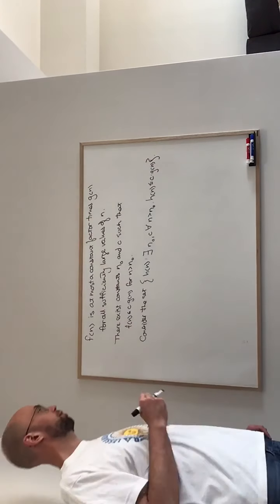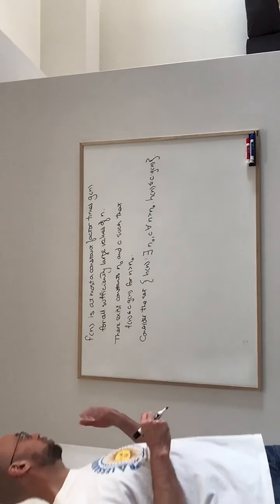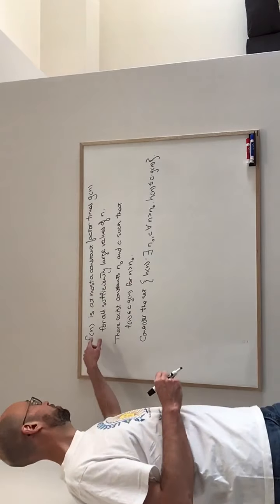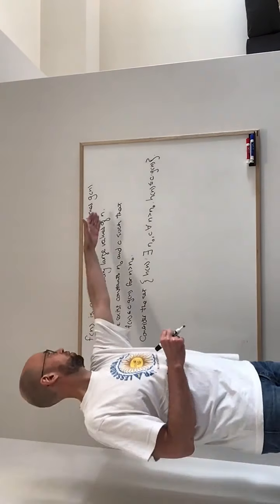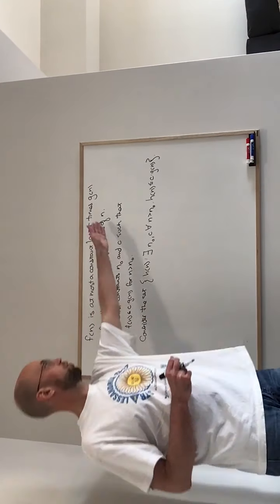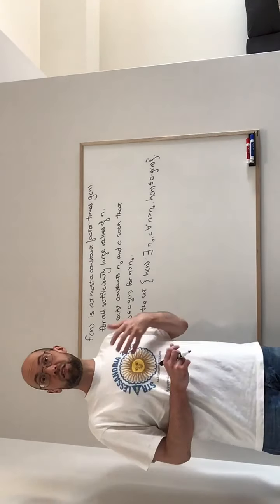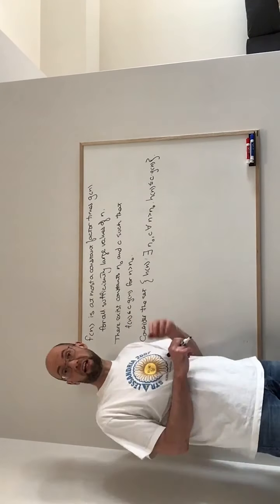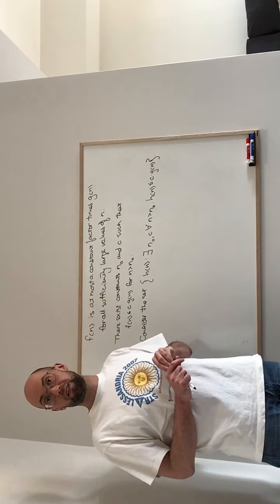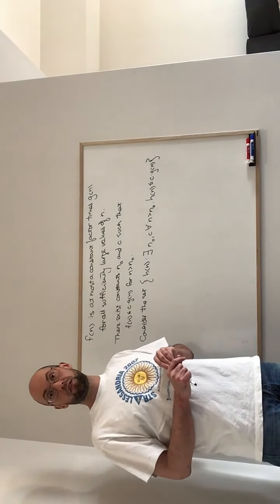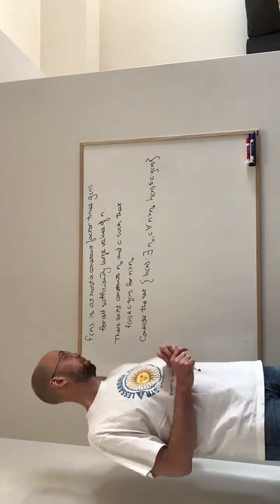Now, if I want to say that f of n is at most a constant factor times g of n for all sufficiently large values, then what I can just say is that f of n is in this set. Okay? So this set has a name.